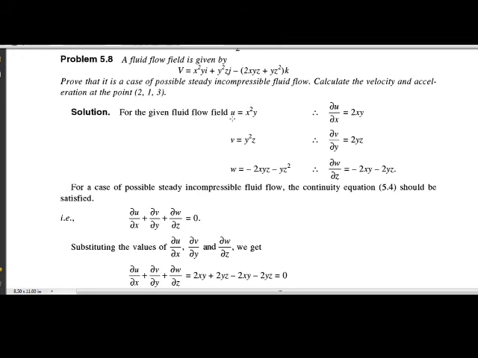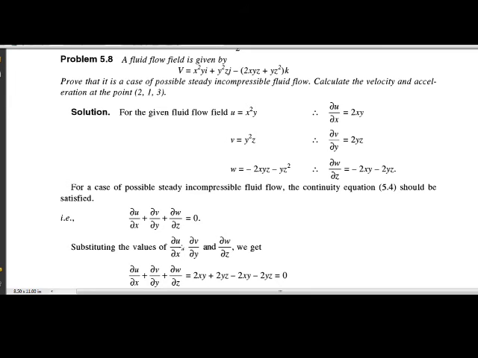So ∂u/∂x will be equal to 2xy. Then ∂v/∂y is equal to y², and ∂w/∂z is equal to −2xy − 2yz. This is the continuity equation; if after putting all the three values the result is 0, then our condition is satisfied.